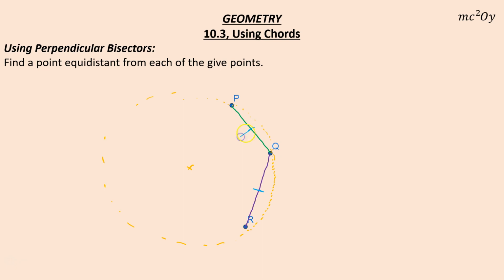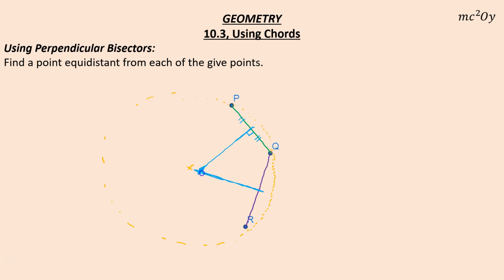And then the line perpendicular would be the line that intersects that chord at a right angle. So I already guesstimated it's about right there. Now that's obviously not the best construction method, you should use a compass and figure that out, or a protractor of some sort. I would use a compass, but I'm not going to do that on here. We're just going to go with what we could do to figure it out. And so there's my perpendicular line.